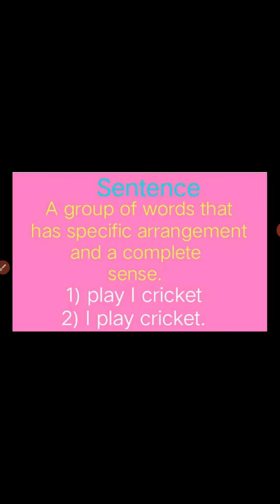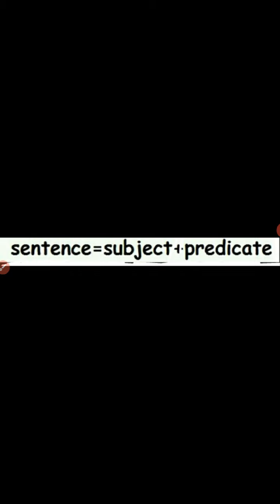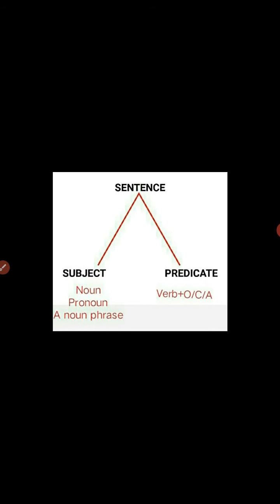So here in this video we discuss subject and predicate. We discuss what a sentence is. Then we saw a sentence means the sum of subject and predicate, that is, the two parts are added. Then we discuss that the subject can be a noun, pronoun, or a noun phrase, and the predicate always includes a verb and some other part.